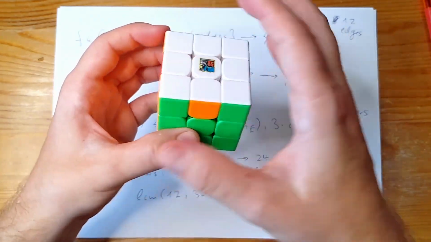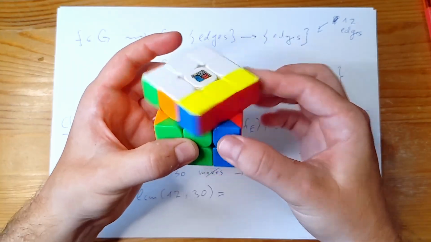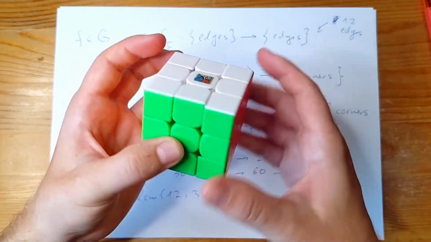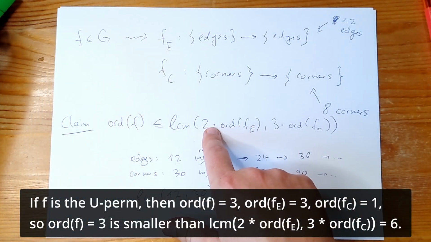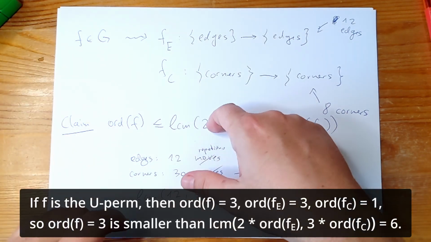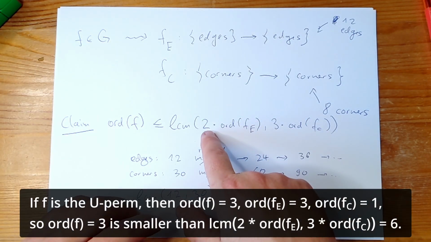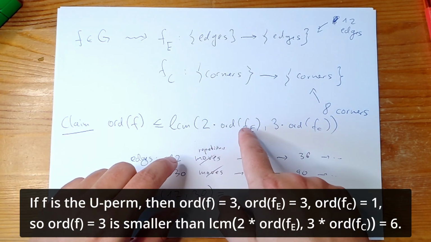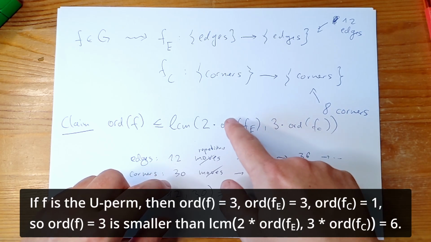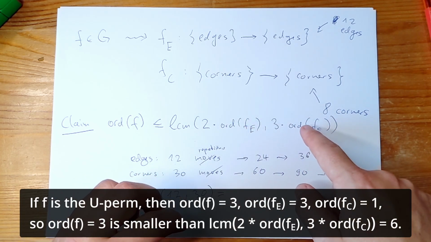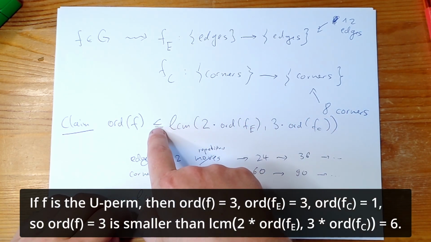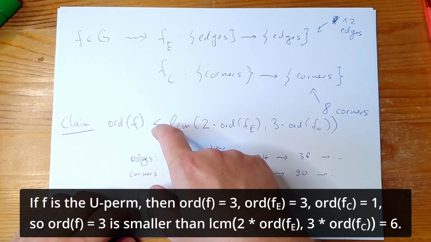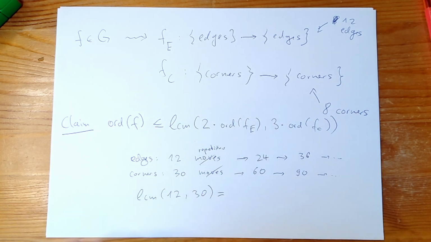So let's say I have this situation, I just have to do it 1 time, right? So this multiplication with 2 here is not precise. It could mean that it's not necessary to repeat it again as many times, and also the same with the corners. So this is why we have here not the equal sign, but the less than or equal sign.